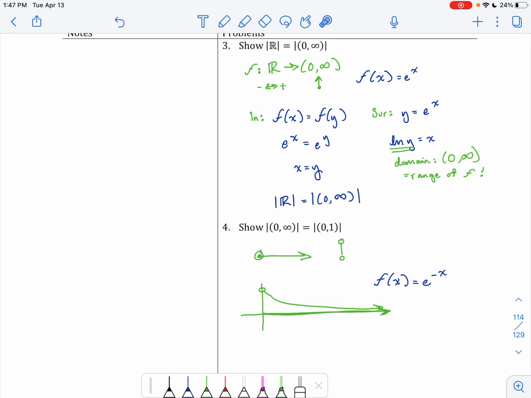You could have used any of those values. And if I plug in any of our positive numbers here, I'm going to get out a negative like so. You can show that this is a bijection exactly the same way as we showed in number 3. So what we know then is that the cardinality of the positive real numbers is equal to the cardinality of the interval of just 0 to 1.